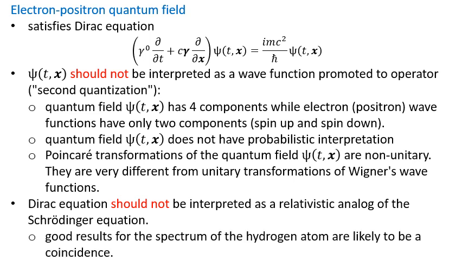It is true that if you apply the Dirac equation to the hydrogen atom, you get a very good approximation for the energy spectrum. But I think this is just a coincidence. In future lectures, we'll see how one can describe the relativistic spectrum of hydrogen, including the Lamb shift, without resorting to the Dirac equation.